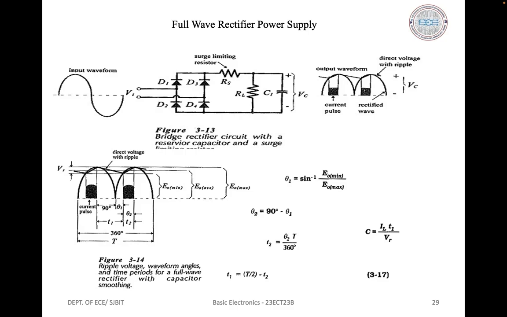So theta 1 is equal to sine inverse of E0 minimum by E0 max is the equation. Theta 2 is equal to 90 degrees minus theta 1. T2 is equal to theta 2 times T by 360 degrees.